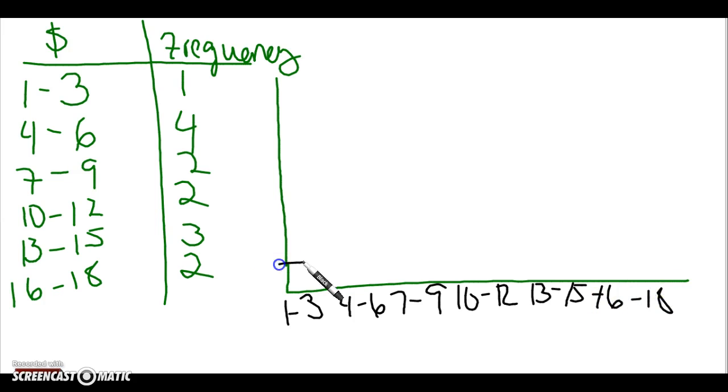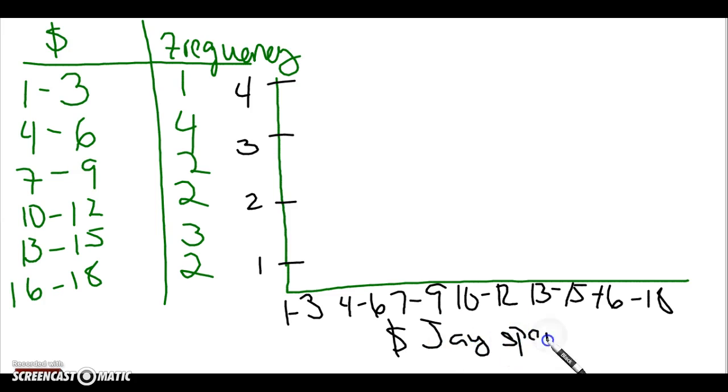And so our frequency will be 1, 2, 3, and 4. Okay, and so this was the dollars, the money Jay spent on lunch. And this is the frequency.